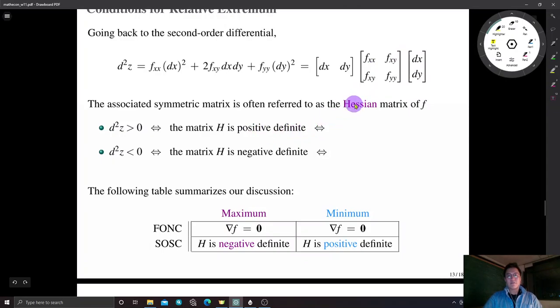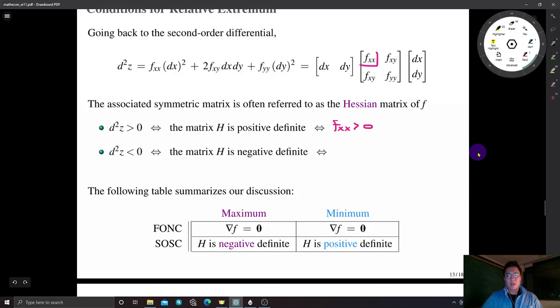Okay? So for a function, this matrix consisting of second partial derivatives is called the Hessian matrix of function f. Okay? So f sub xx, xy, xy, yy is called the Hessian matrix. Okay? So if the inside matrix, the Hessian matrix, is positive definite, the equivalent condition is the first leading minor, f sub xx, is positive.